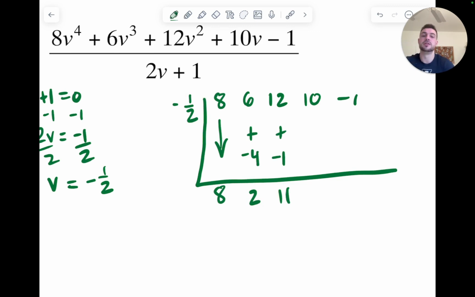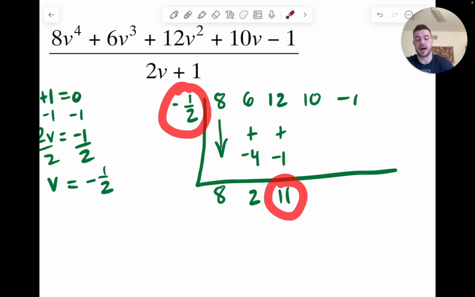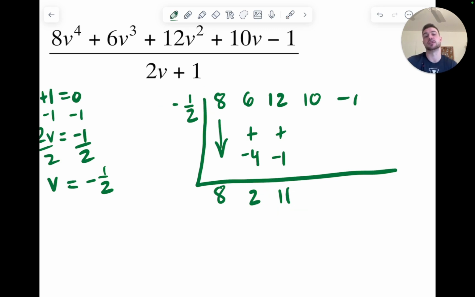So here's where it gets a little bit more complicated because we are multiplying a fraction by an odd number, and particularly that fraction is 1/2. So that means we're going to start dealing with decimals, but that's okay. The process should remain exactly the same. I'm going to multiply -1/2 and 11 to get -5.5.